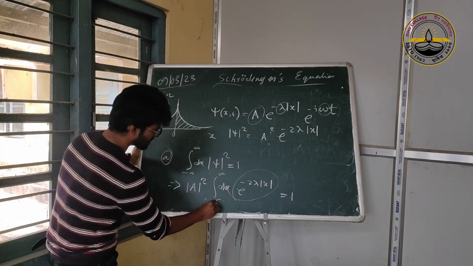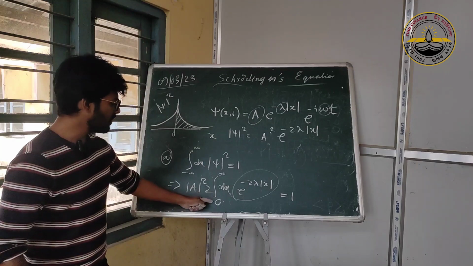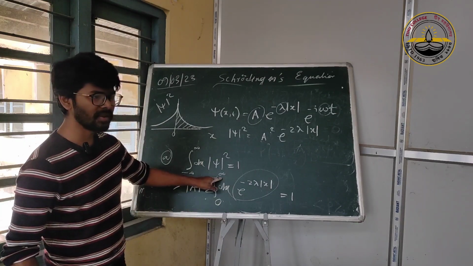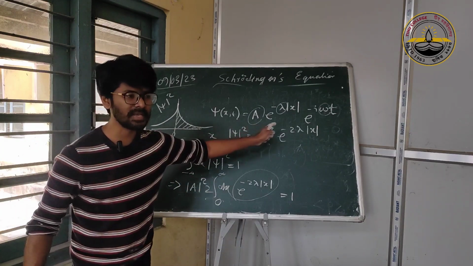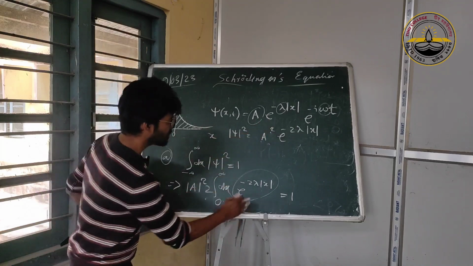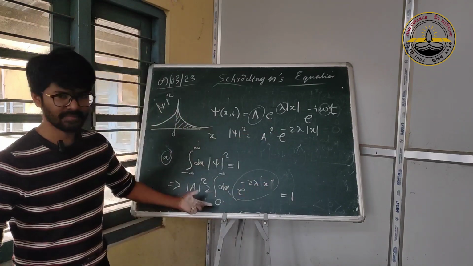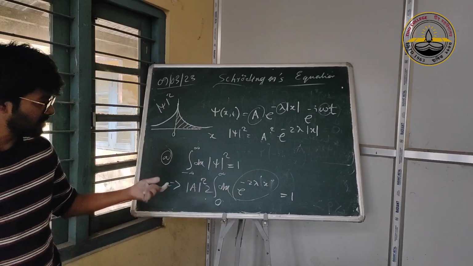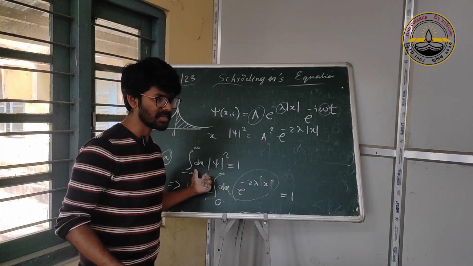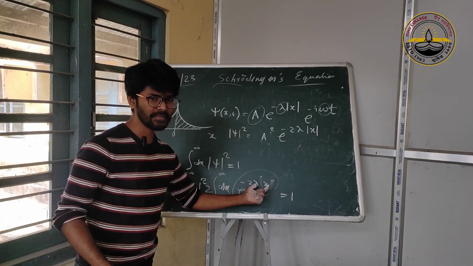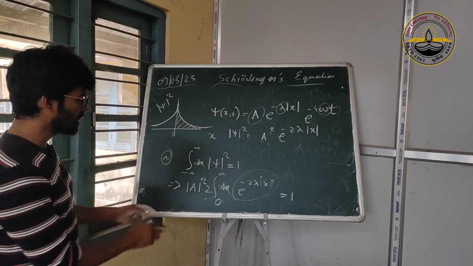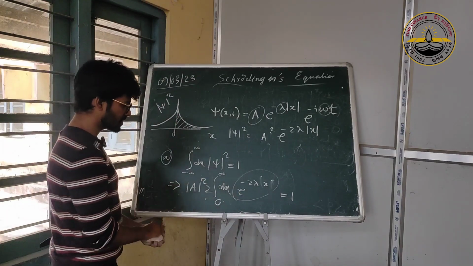So you can just write 0 and 2. Now if x varies from 0 to infinity, we are always on the positive side, right? So we can just ignore the mod. And you can easily calculate the integration of this.